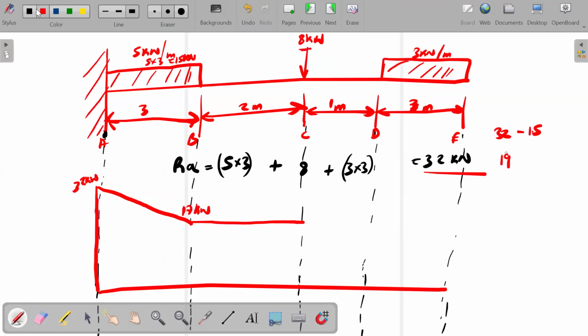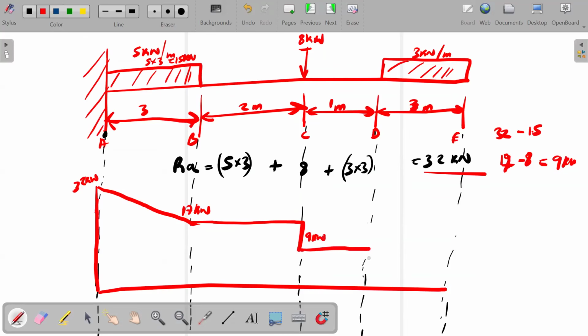So we say 17 minus 8, that in turn gives us 9 kilonewton, which means the next point here is 9. Because it's a concentrated load, remember, we have to draw our diagram in this manner until we are at this point. So there is our 9 kilonewton at this point.